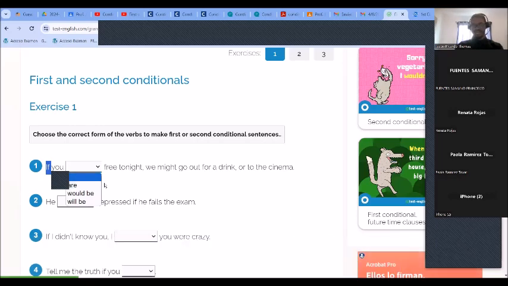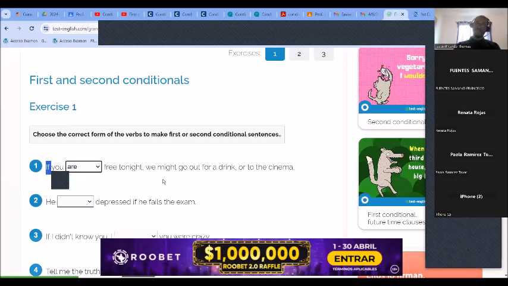If you are. There you go. Good job. So if you are free tonight, we might go out for a drink or to the cinema. Repeat. Just if you are. If you are free tonight.